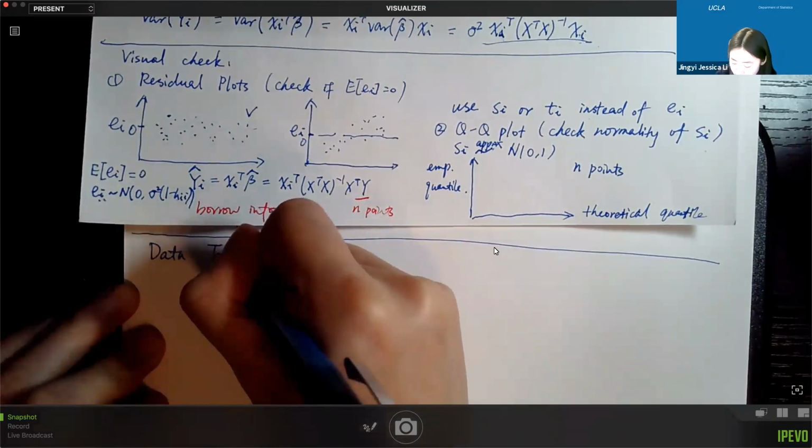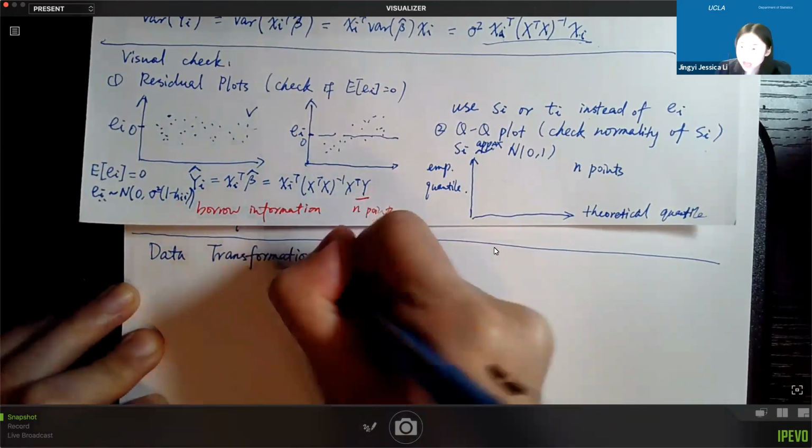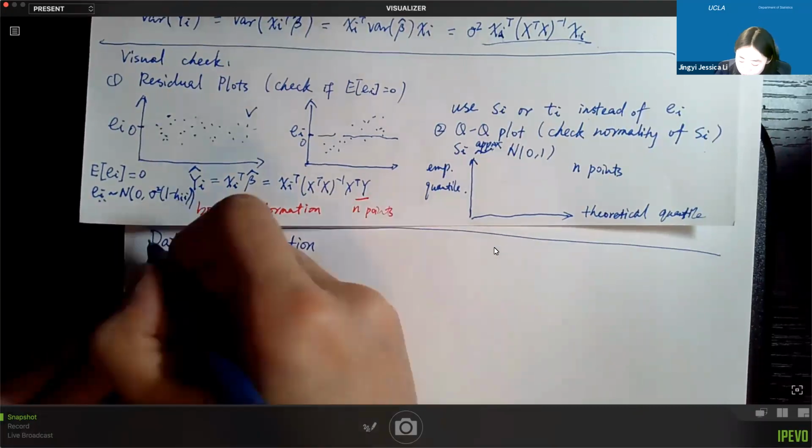Since our data is composed of a response vector Y and an N by P design matrix X, that's our input data, we could consider transforming Y or transforming X. First, let's think about transforming Y.